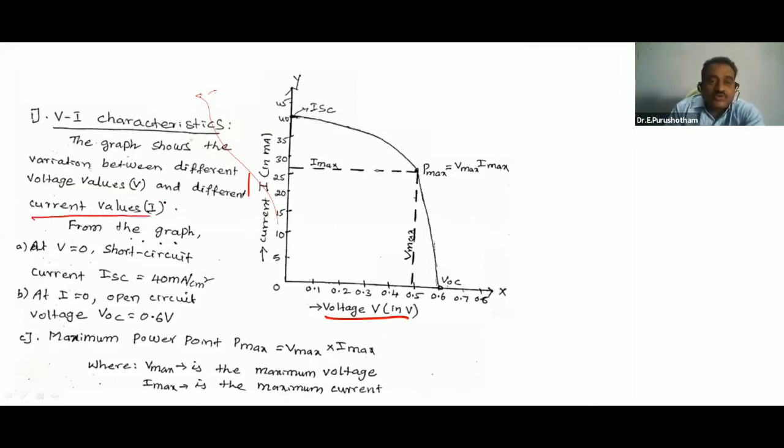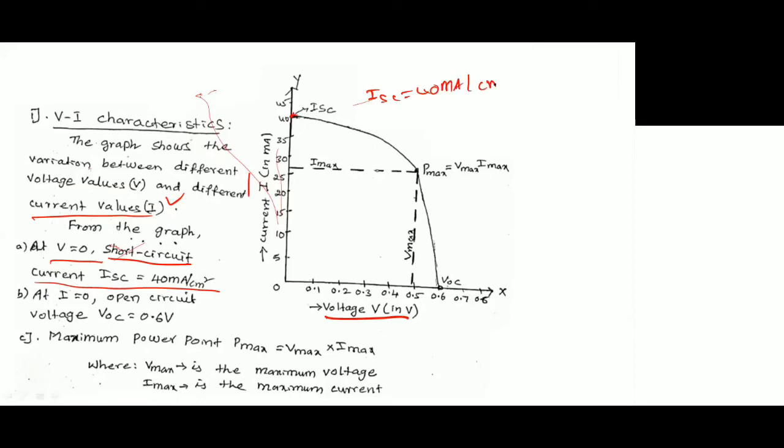From the graph, at V equal to 0, there is no voltage, and the current is called the short circuit current, ISC. This is the short circuit current at V equal to 0. You can observe this is 40. ISC is equal to 40 milliamperes per centimeter square.